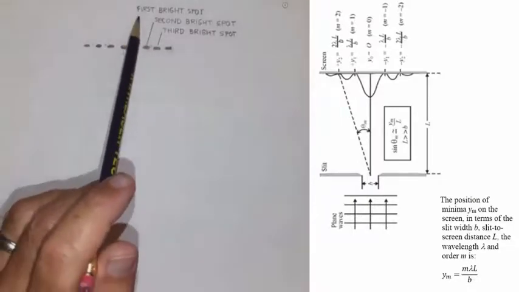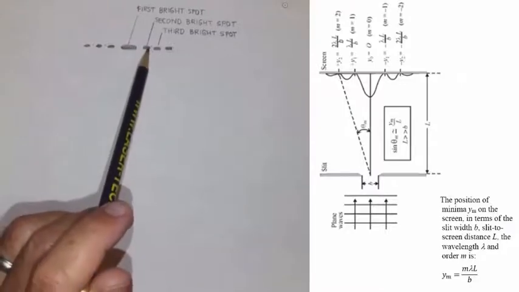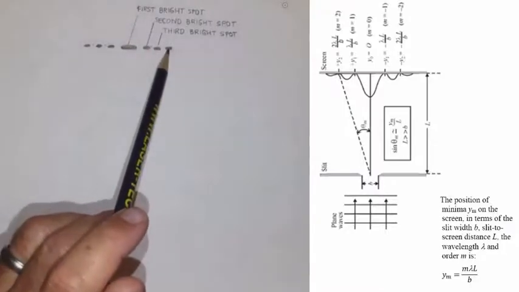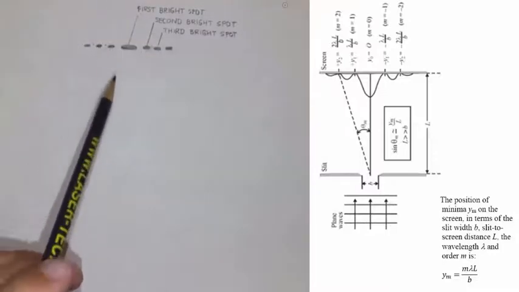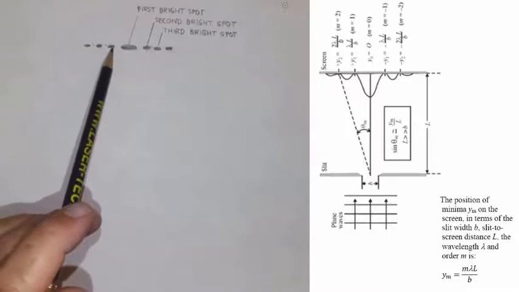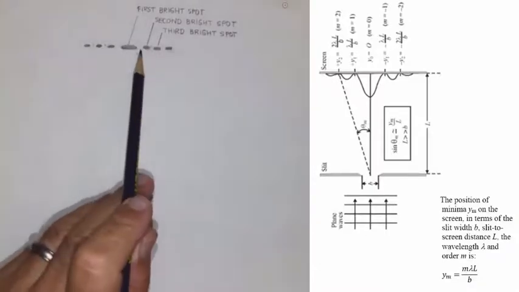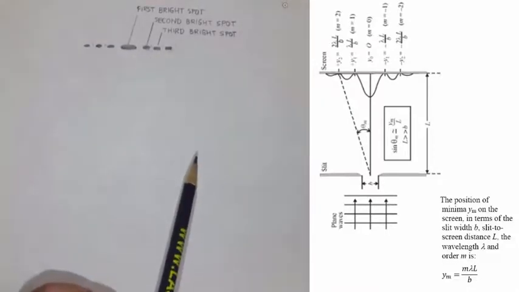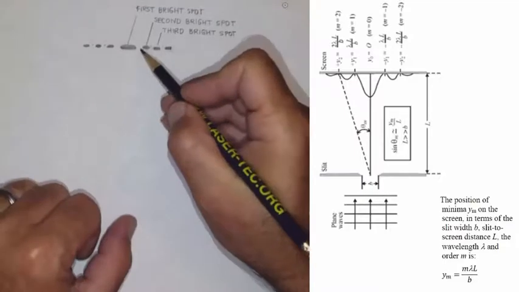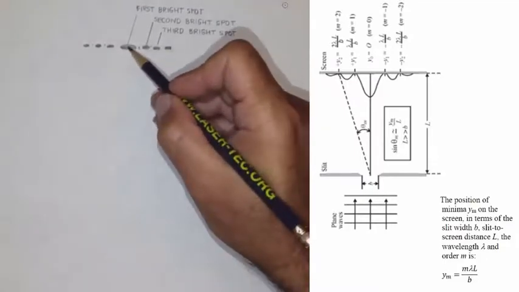I have a first bright spot, or first maximum, here at the center, and then here's the second bright spot, third bright spot, and fourth bright spot on the right hand side, and then on the other side we also have the second, third, and fourth bright spot. In between, we have the minima that we are interested in, and those are the minima that we are going to measure. So we are going to estimate the center of the first minimum, which is this one here, and then also the center of the first bright spot.